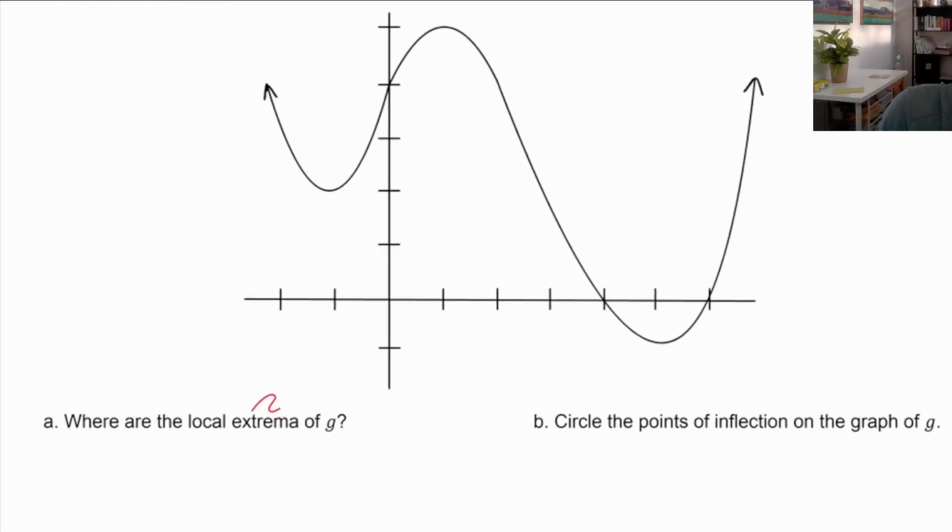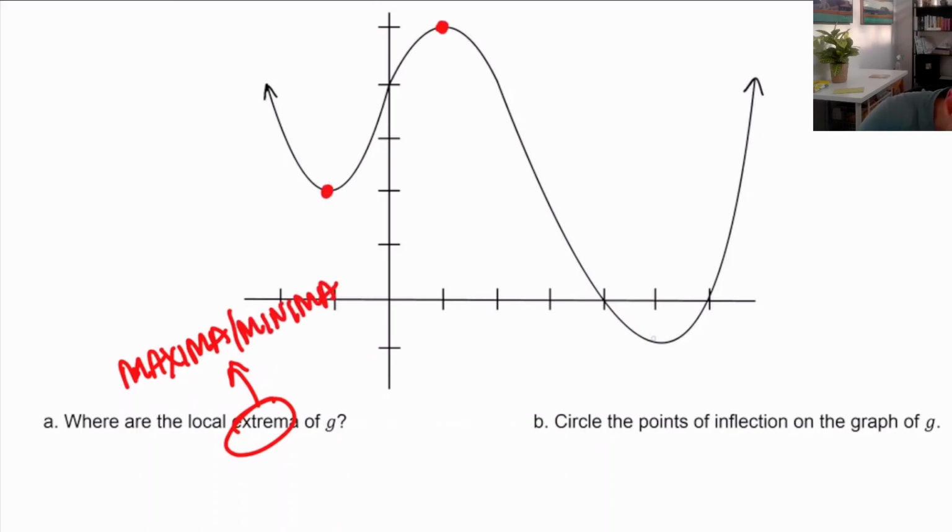Okay, you need to know that that means maxima and minima. So there's one there, here's one over there, and a third extreme value. Okay, there's 3 of them. So that would be x equals -1, x equals +1, and x equals 5.